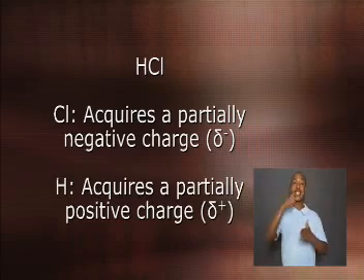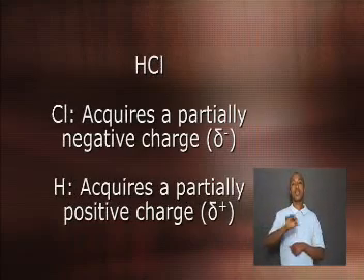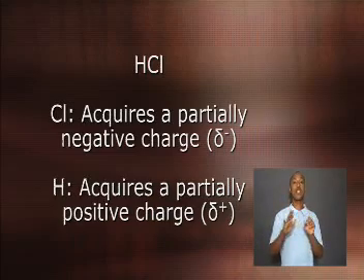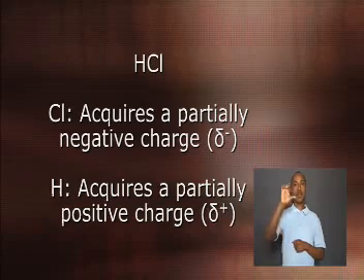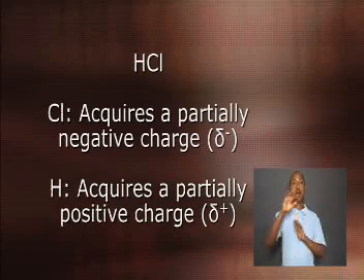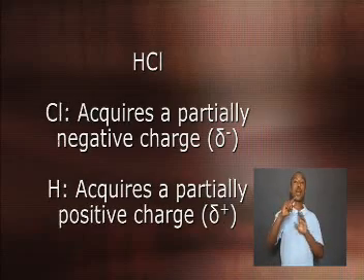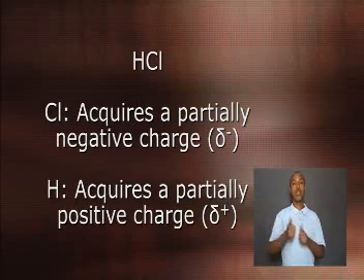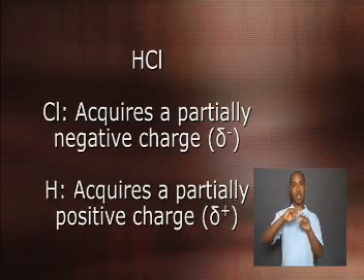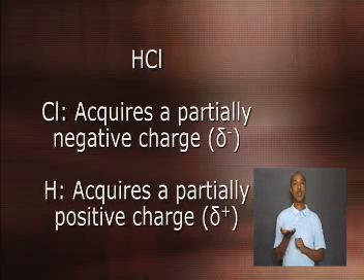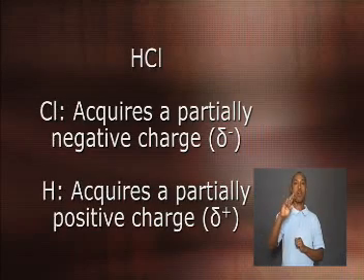As a result, the chlorine atom gets a partial negative charge, which is represented as delta minus. By contrast, hydrogen gets a partial positive charge, which is represented as delta plus. However, rather than saying delta, it is read as partial or slightly.